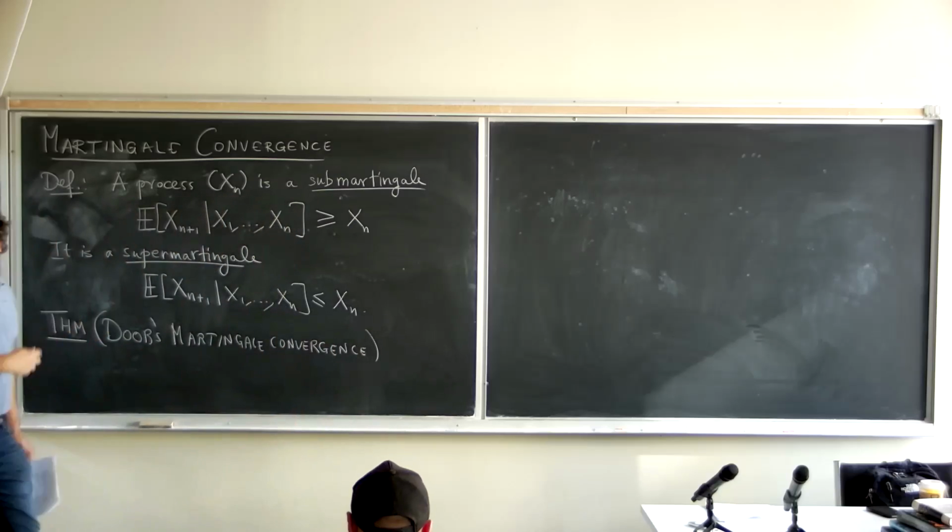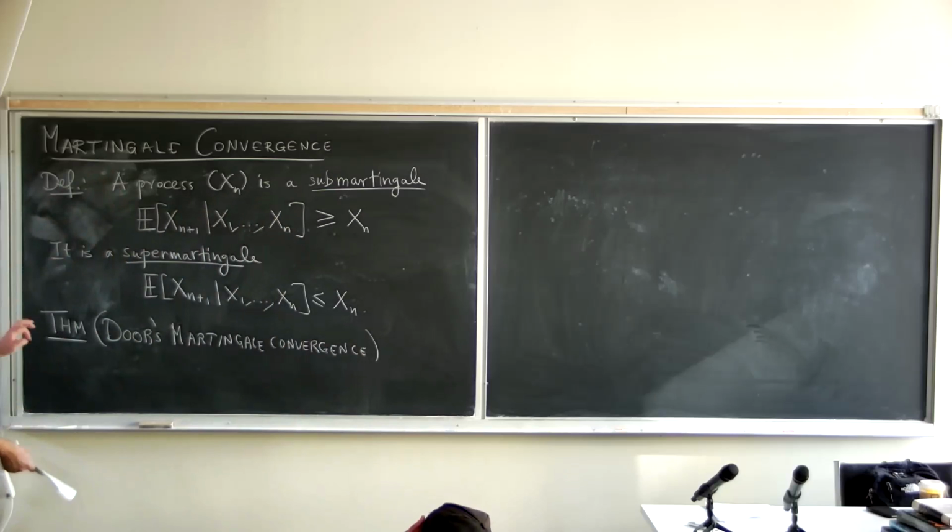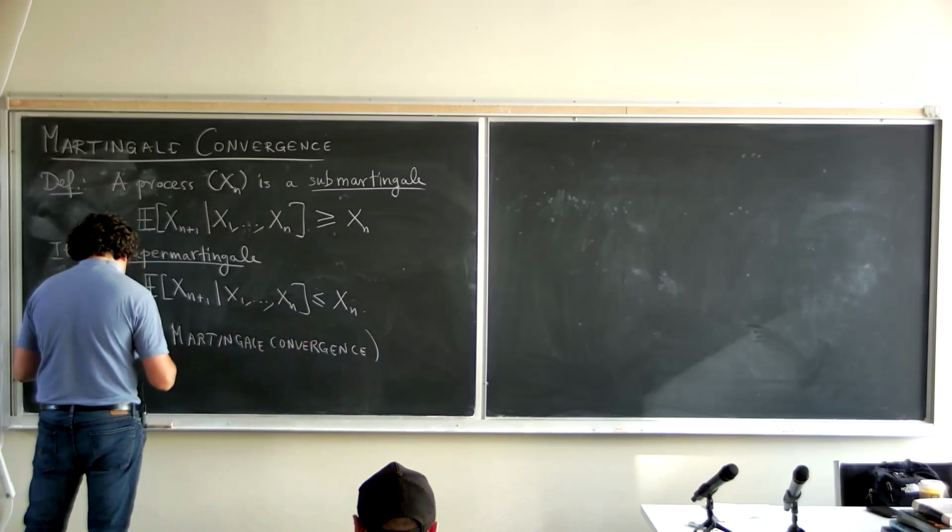Basically, in words, it tells us that an integrable submartingale or supermartingale converges almost surely. If you want a slightly more general condition, you can just ensure the integrability of the positive part or the negative part. So the correct way to say it is like this.